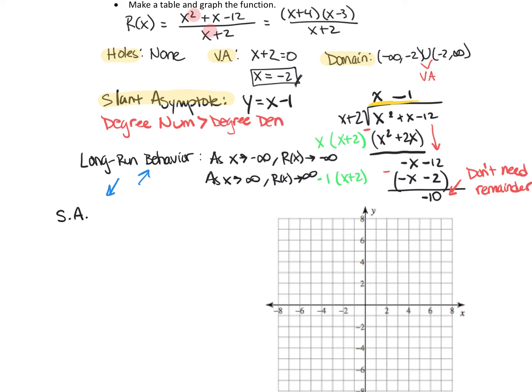So our slant asymptote intersection point, there we are. So we are going to set x minus 1 equal to our entire function. I'm just going to set it equal to the original function, but you could do it to the factored form if you'd like. I'm going to start by multiplying both sides by my denominator, or in this case, x plus 2.